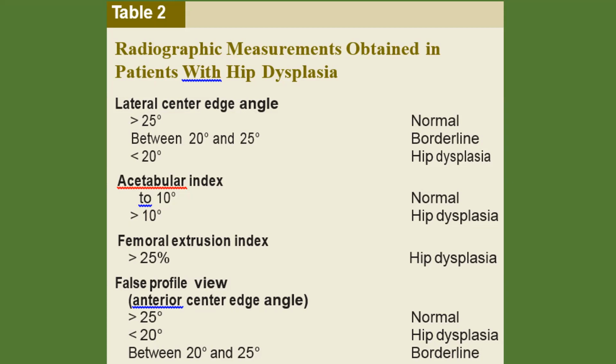If it's more than 10 degrees, it tells you it's flat. Extrusion index greater than 25%, of course, is hip dysplasia. On the false profile view, the anterior edge angle greater than 25 is normal, less than 20 degrees is dysplastic, and between 20 and 25 tells you it's borderline.